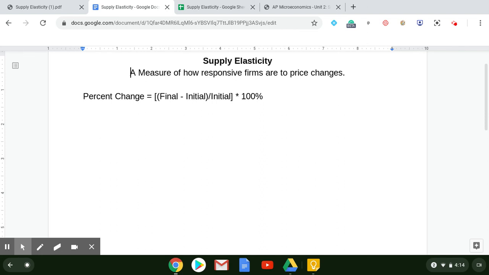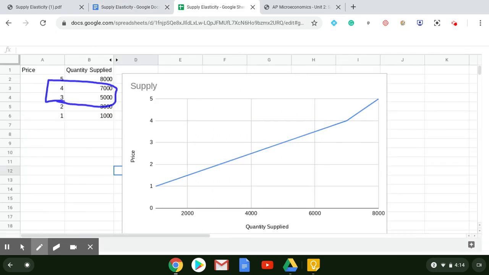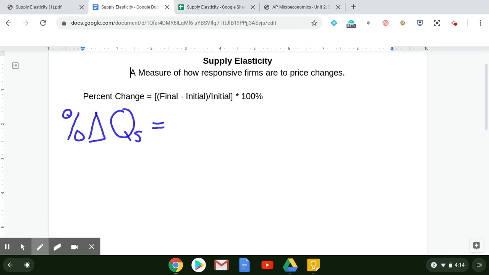Okay. So, for price elasticity of supply, pardon me, I want to find the percent change. That delta means change, percent change in quantity supplied. Okay. Final minus initial times 100%. And the case I wanted to use here, let's use 7,000 as our final and 5,000 as our initial. Okay.